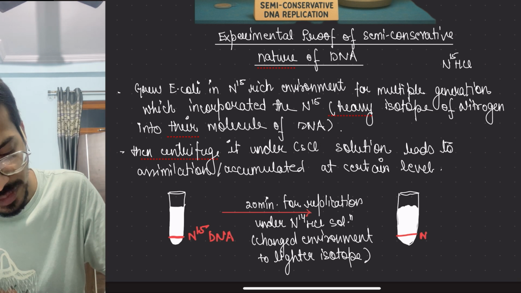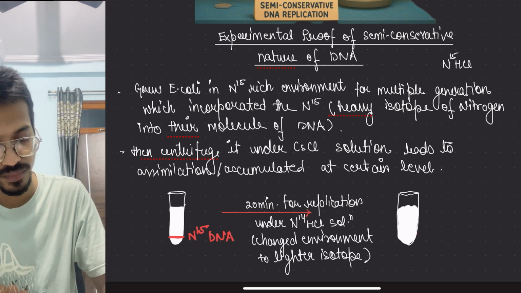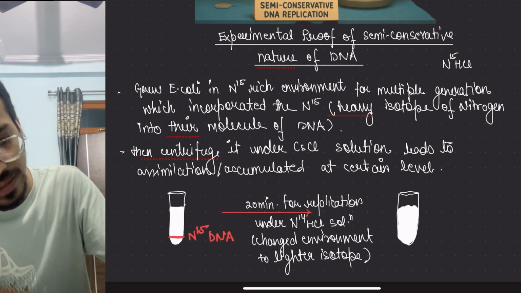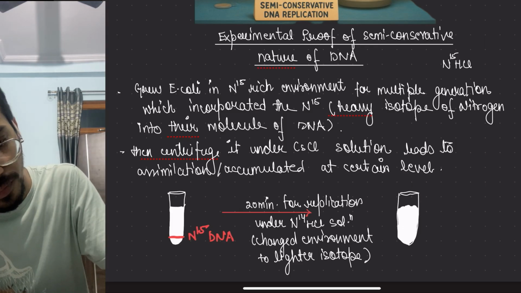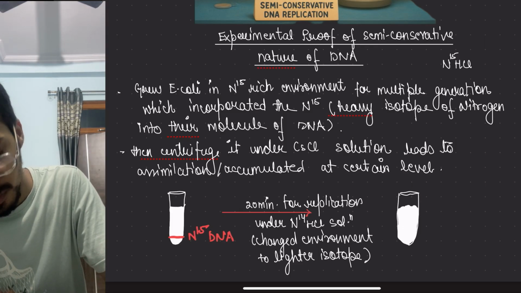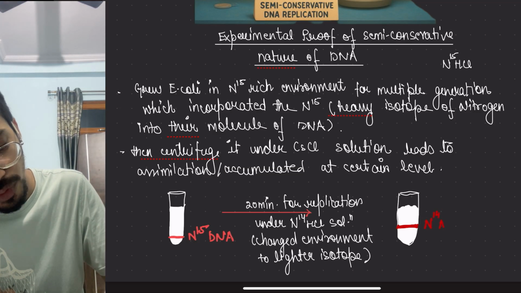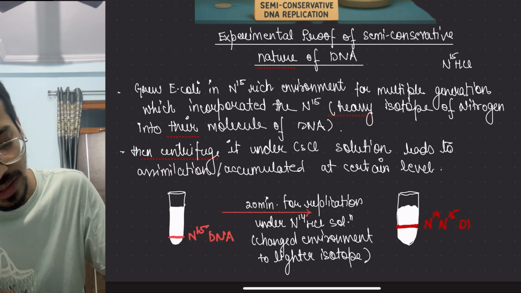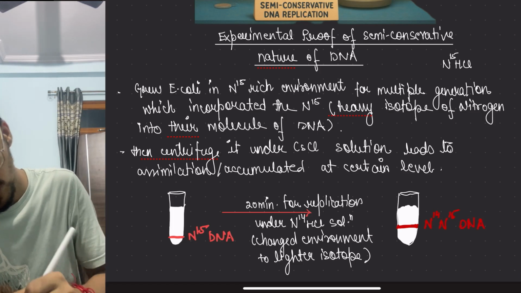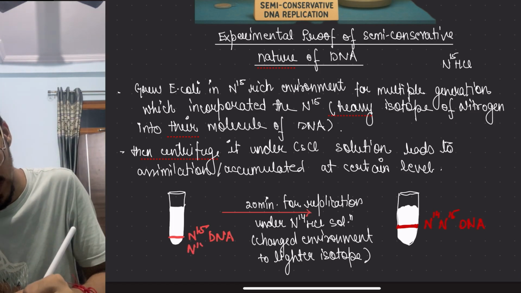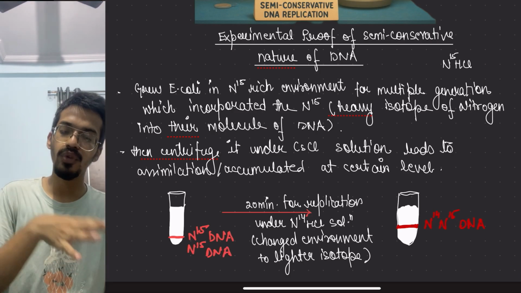This N15, sorry, there is a little upward. Like over here. This is N14 and N15 DNA. Here it was N15-15, both strands of DNA were N15-15. Here it is N14 and 15.